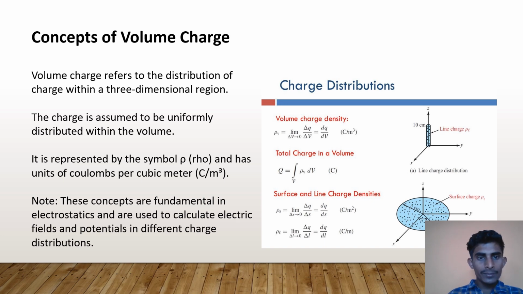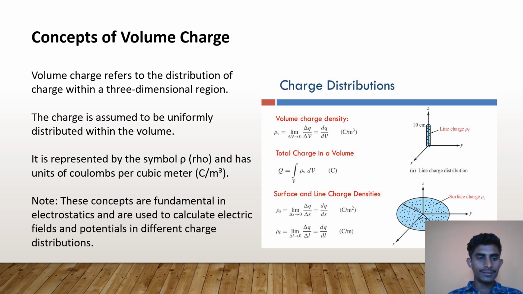Next, the concept of volume charge. Volume charge refers to a distribution of charge within a three-dimensional region. The charge is assumed to be uniformly distributed within the volume. It is represented by the symbol rho.